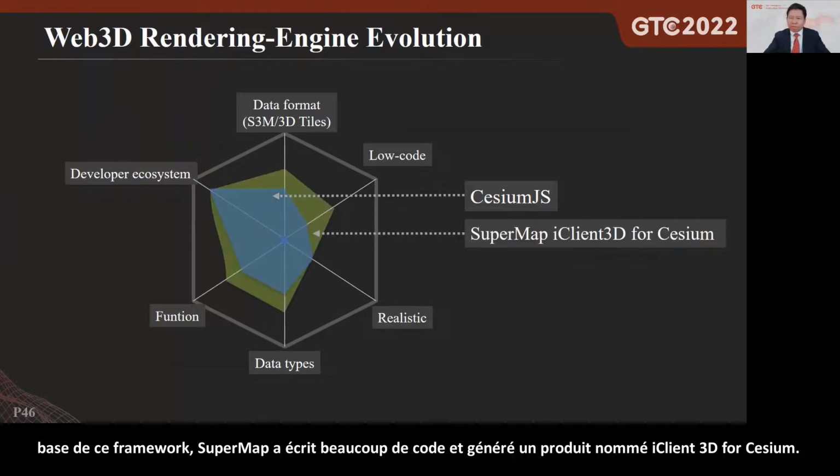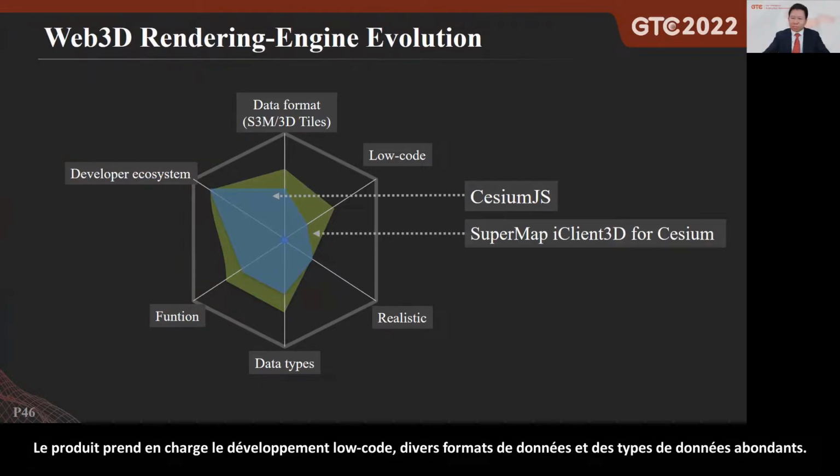Based on this framework, SuperMap wrote a lot of code and generated a product named iClient3D for Season. The product supports low-code development, various data formats, and abundant data types.